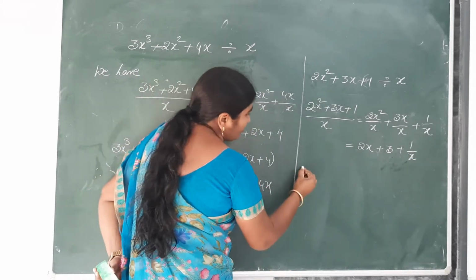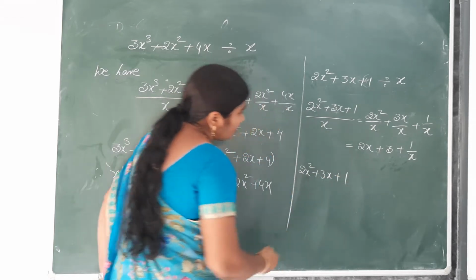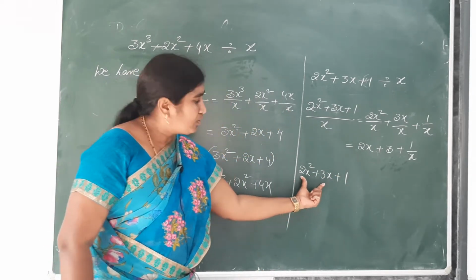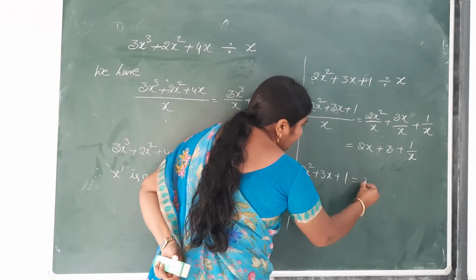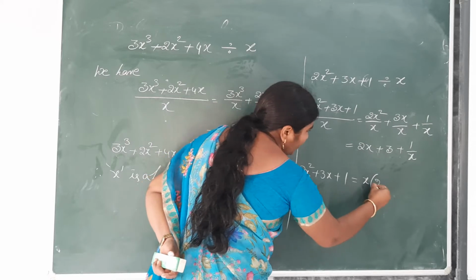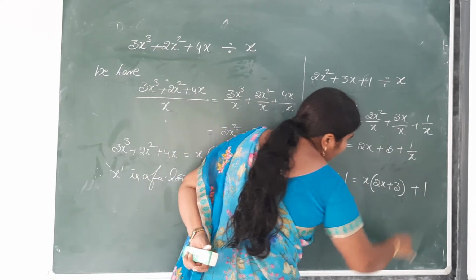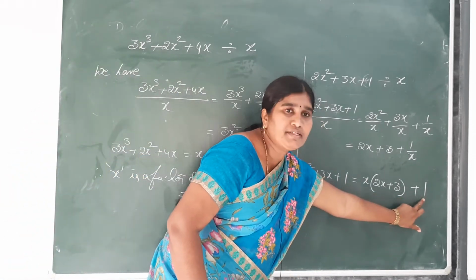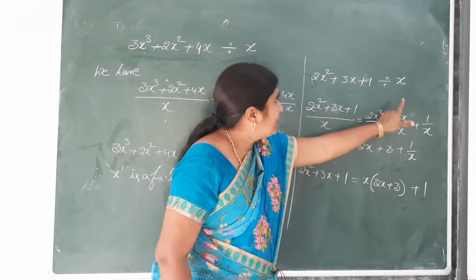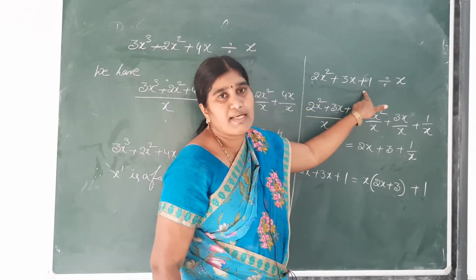2x square plus 3x plus 1. Here x is common in the first two terms. We can write x into 2x plus 3, plus 1. Here we observe that the remainder is 1. x is not a factor of 2x square plus 3x plus 1.